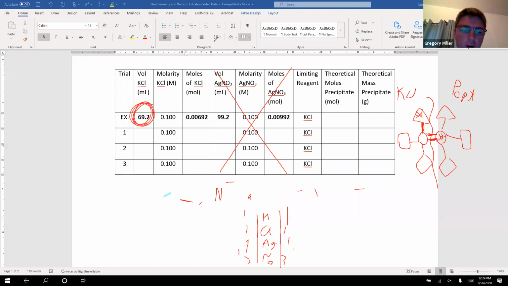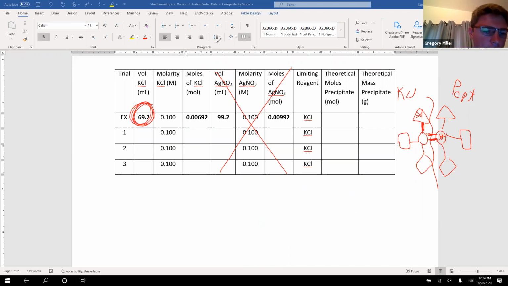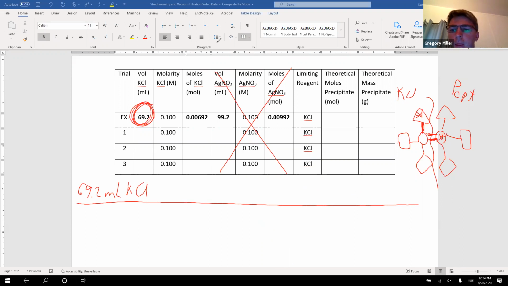So with all of that said, since we know everything's 1 to 1, we can now do our calculation. Starting from 69.2 milliliters of KCl. Our products were KNO3 and AgCl.